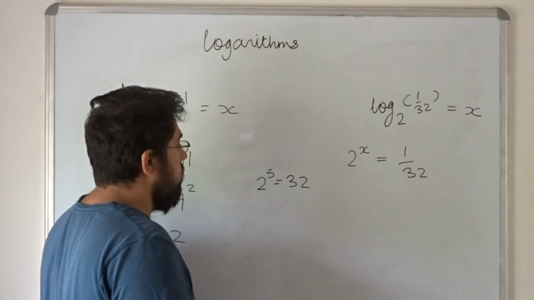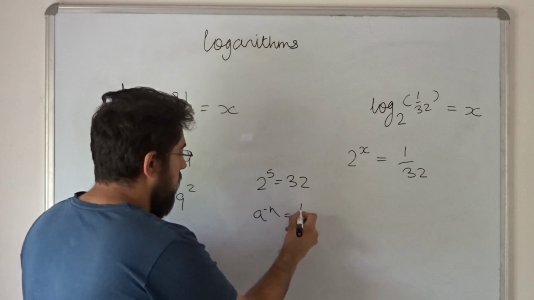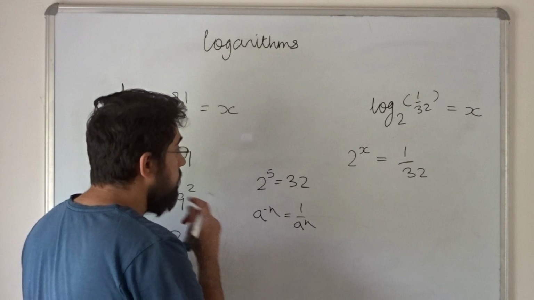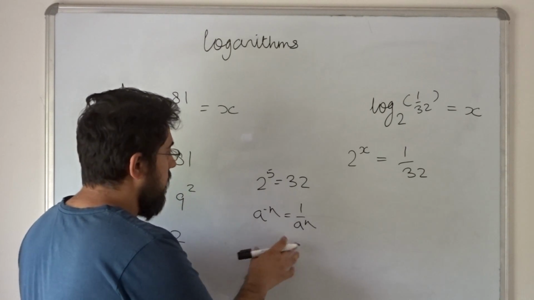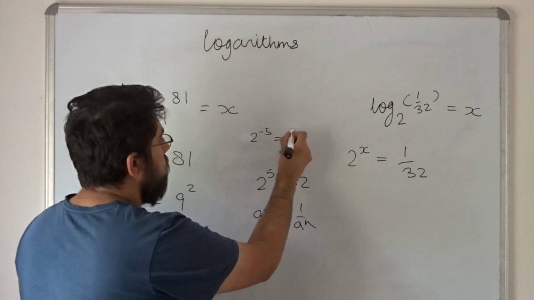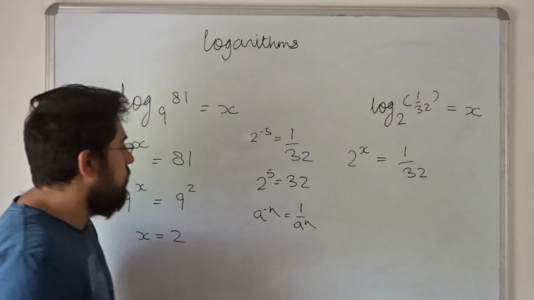But this is 1 upon 32, so I hope you know that a to the power negative n equals 1 upon a to the power n. So in that sense, 2 to the power negative 5 equals 1 upon 32, okay?